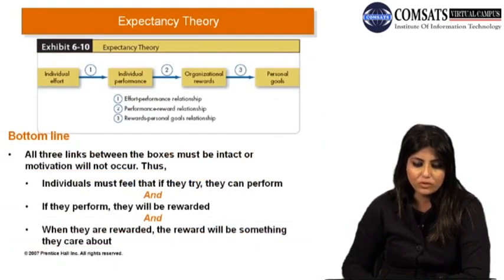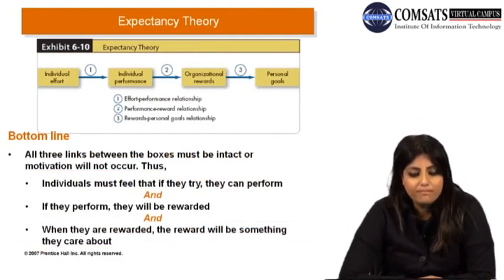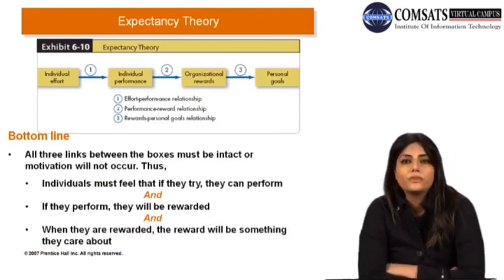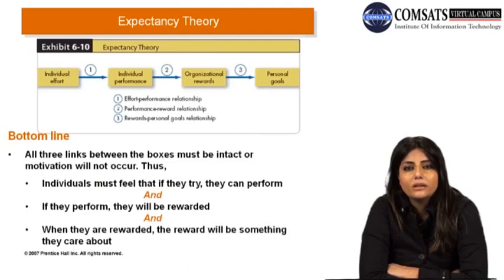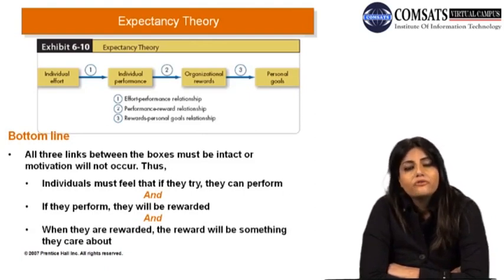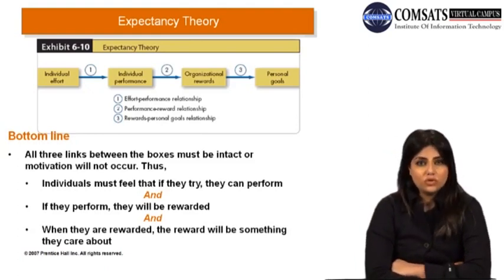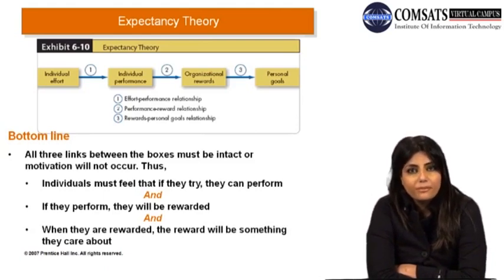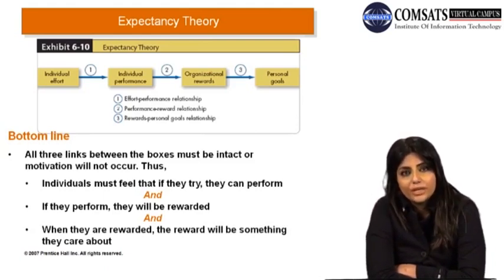Here, before moving to our next slide, I would like to give you an example. For example, if I am told that I will be given a 3-day trip to Dubai if I achieve this performance goal, will it be motivating for me or not?